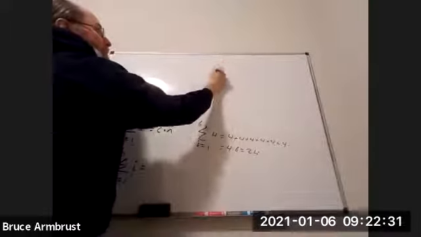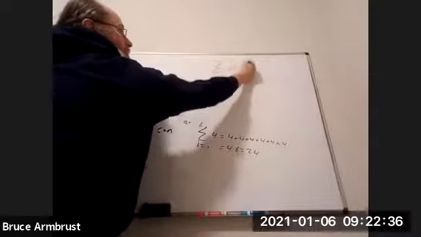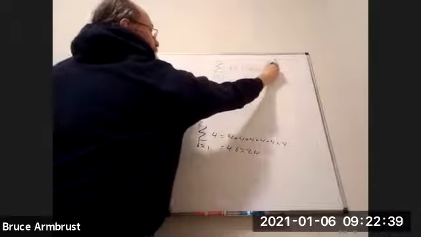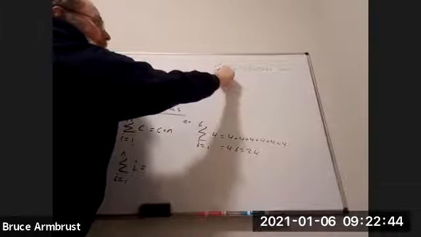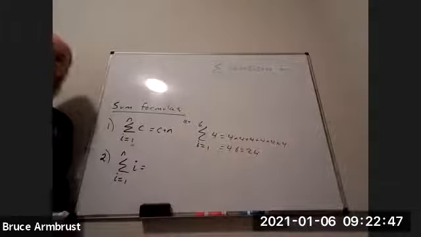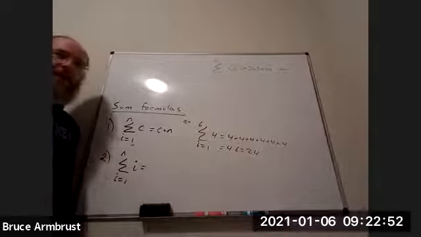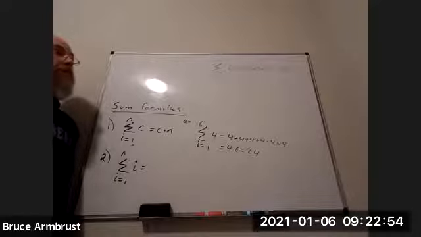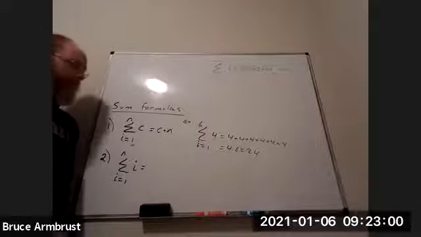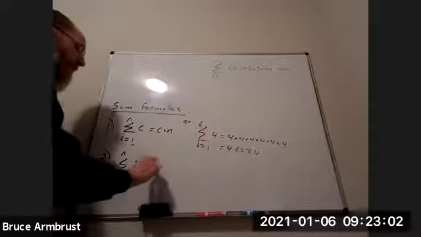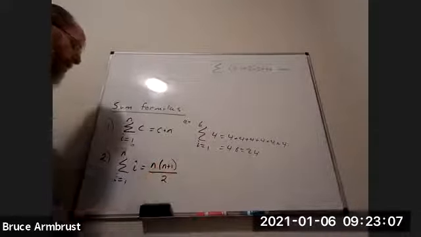If we go from 1 to n of i, this is 1 plus 2 plus 3 plus 4, all the way out to n. So what this is telling us is just add up the first n integers. Now, there's a formula for this one. Some of you may remember it: it's n times n plus 1 over 2.